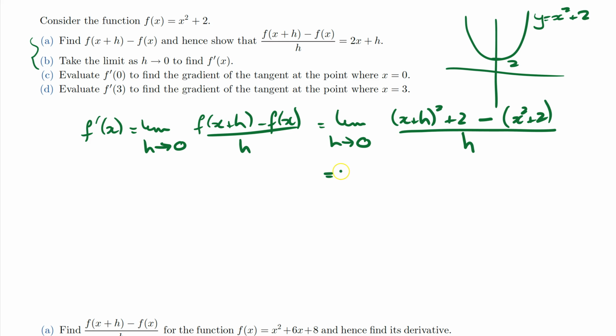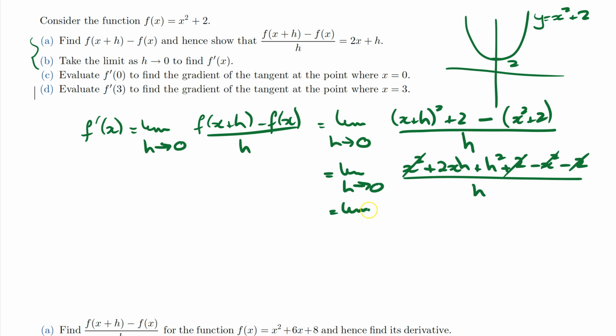Now we just do algebra. So we want the limit as h tends to 0 of, so we've got square of the first, twice their product, square of the second, plus 2 minus x squared minus 2, sort of our double check that the original f of x goes.